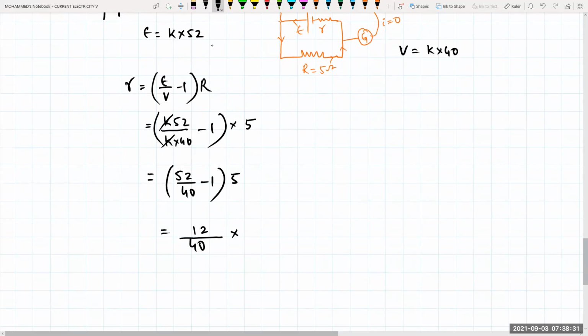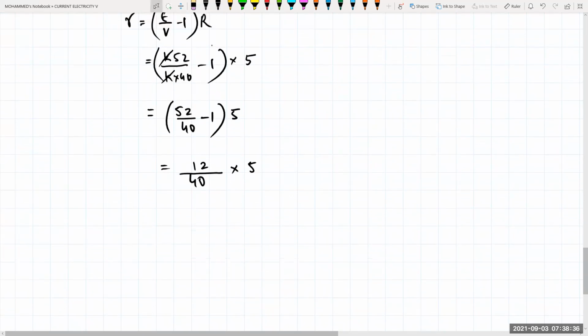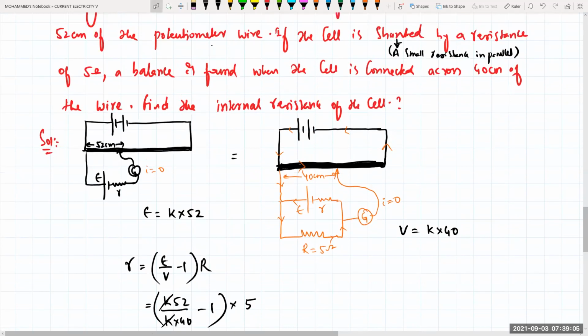So 12 by 40 into 5. 5 eights are 40, so that will be equal to 12 by 8. 12 by 8 is nothing but 3 by 2, that is equal to 1.5. Is it clear? So that is the way we calculate the internal resistance of the cell.